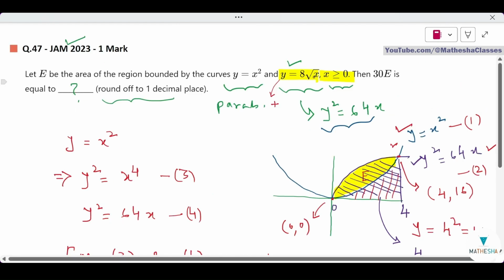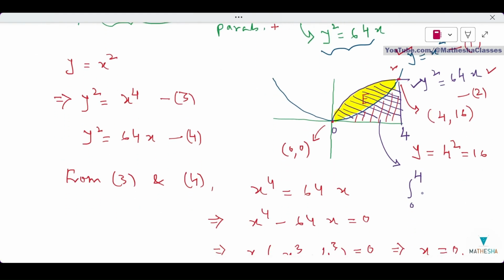Taking the square root, y equal to 8 root x. So y is equal to 8 root x dx. So that is the area of the bigger region.